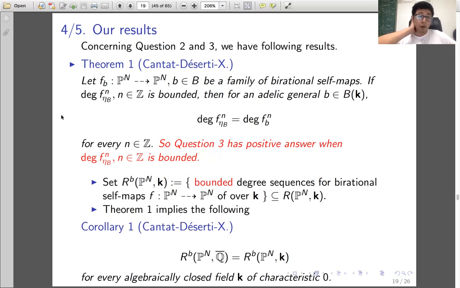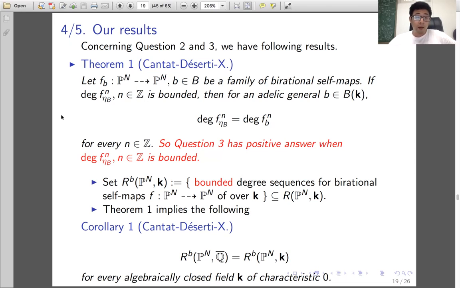So if we set R_b(P^n, k) to be the set of bounded degree sequences for rational self-maps F of P^n defined over k. This is a subset of R(P^n, k).